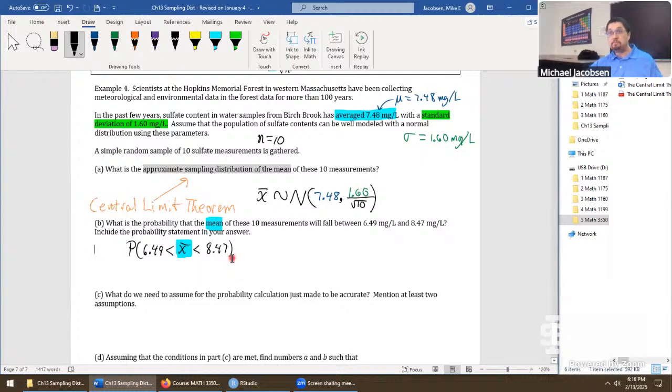So if this probability is, say, really, really high, that gives the researchers in charge of this study some sets of expectations. So imagine this comes out as a high probability, say 0.95, something like that. But then they went to do the study, gathered their sample of size 10, and maybe X bar is larger than 8.47. Maybe it's 9, or maybe it comes out as a 5. That would be really weird if this is at high probability.